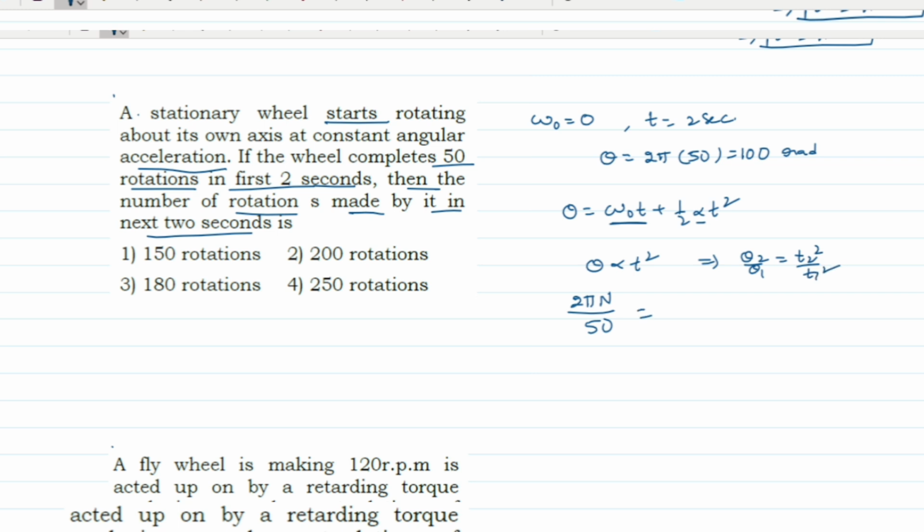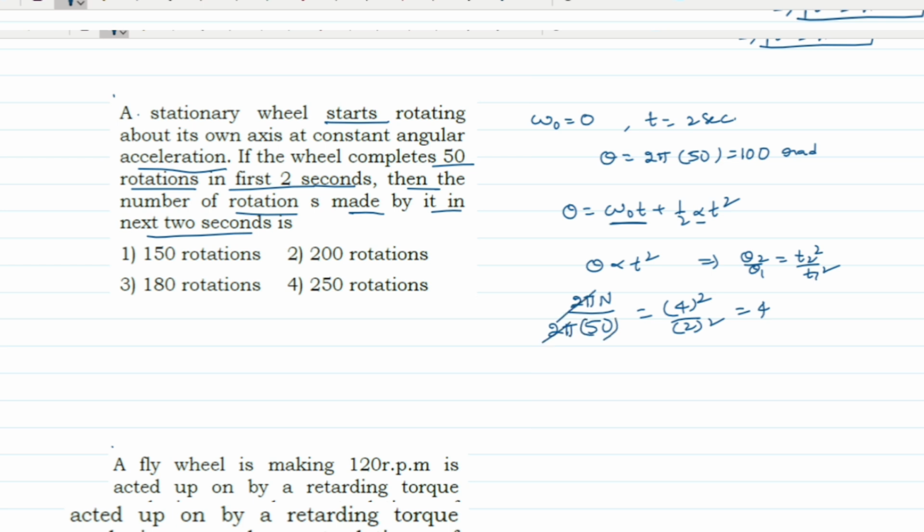So it is nothing but t2 square, in the sense here they are asking us the next 2 seconds. Next 2 seconds in the sense this is 2 plus 2, which will be 4 square by 2 square. So 4 4s are 16, 16 by 4 will be 4. So this is also 2 pi into 50 rotations.